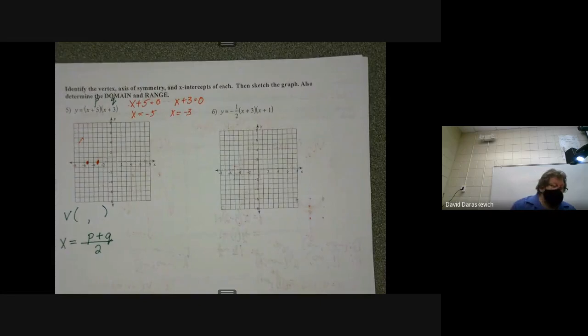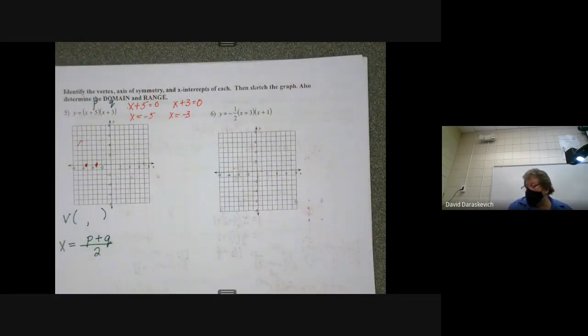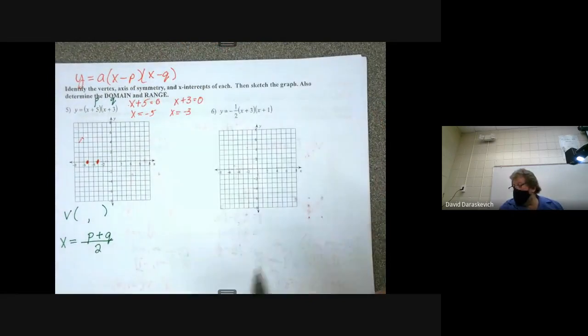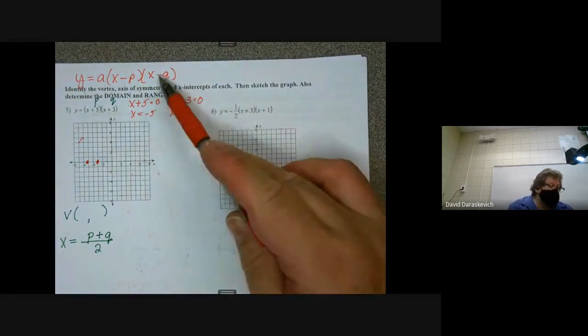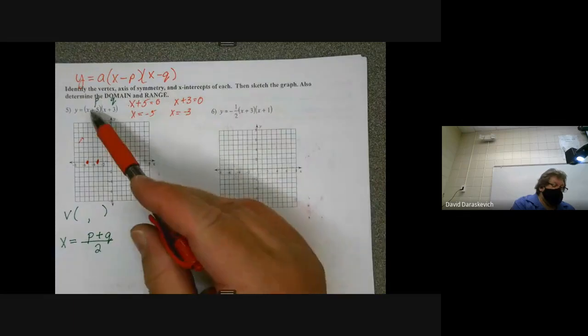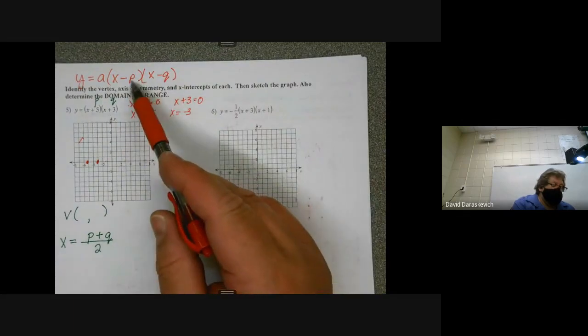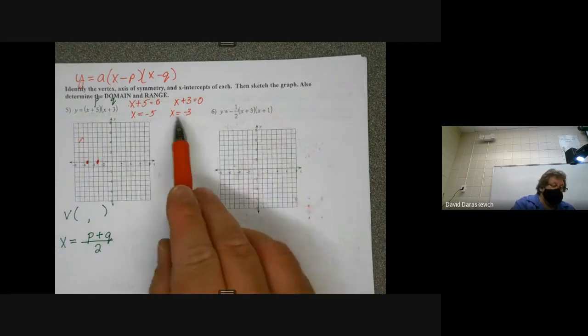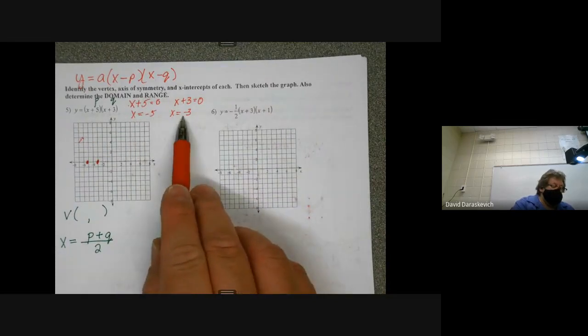Okay, so my p, and again, I'm going to write the form up here: y equals a times x minus p times x minus q. It has to fit this form. So since I have a plus sign here, my p has to be the opposite, it has to be -5. And we have it right here. There's my p, there's my q.